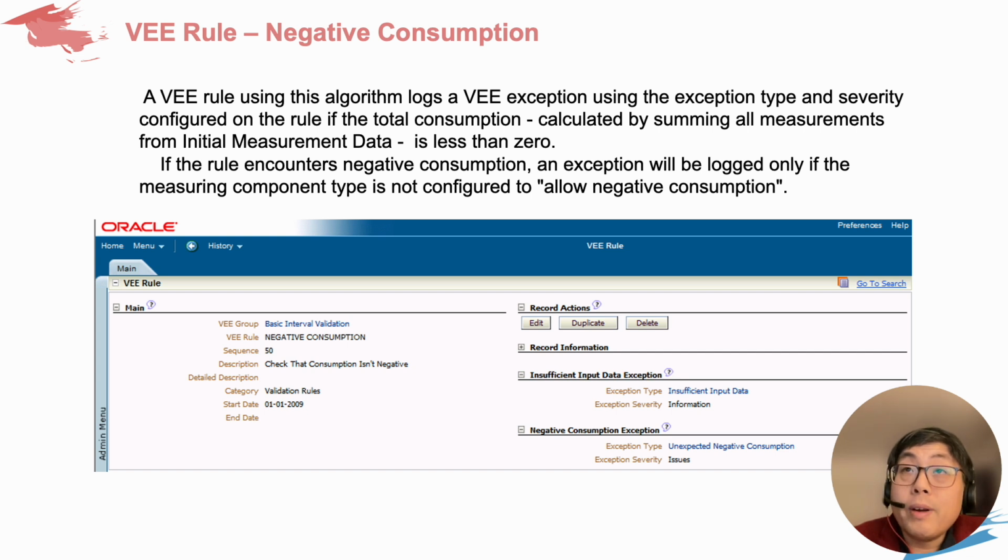So the severity should not just be informational. It should really be an issue in this case, flagged to the user, and then checked with the meter, etc. So although you have different rules doing similar things, we can utilize these severities to give different levels of notification to the business.